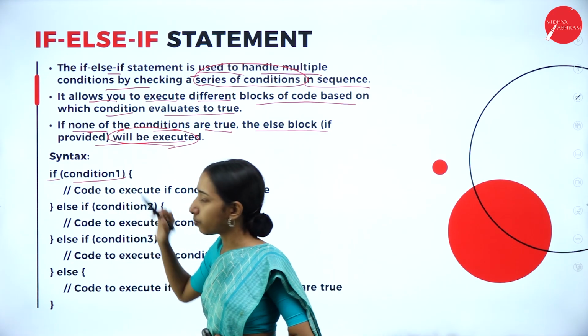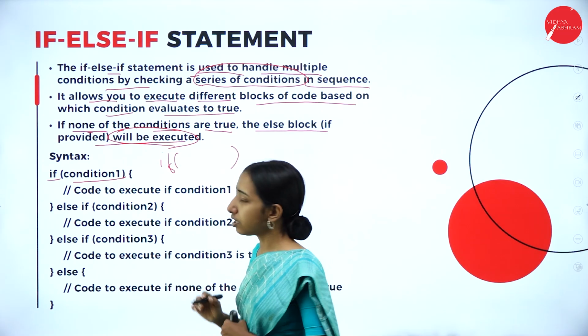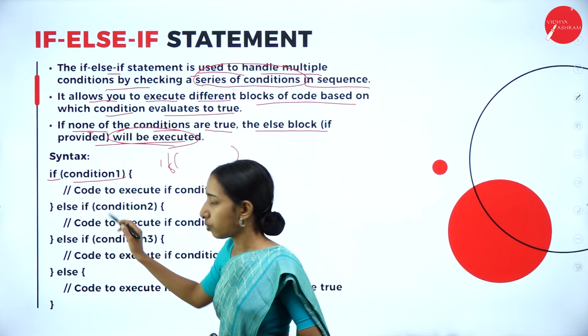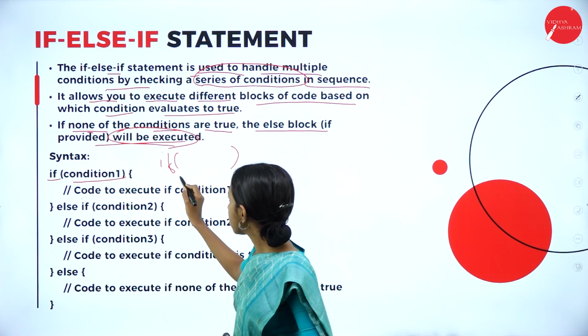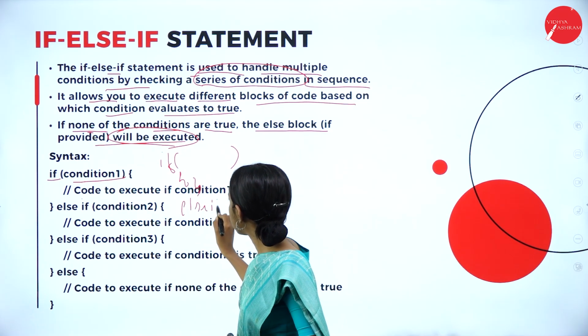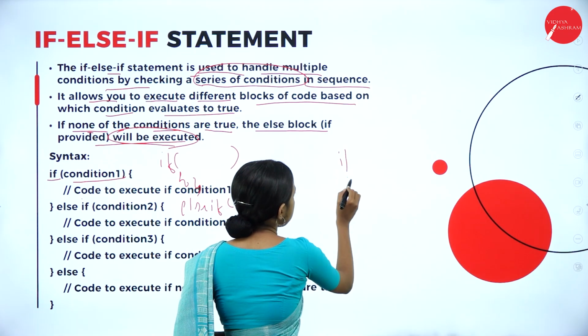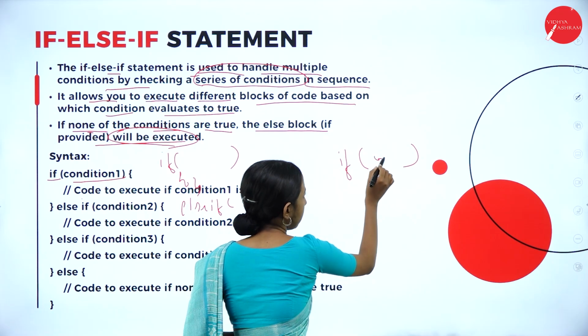If condition 1, the if. So here in the if, there will be a condition, and the code, whatever we have written. Next, we will be having else if. So first if, and here there will be a condition.